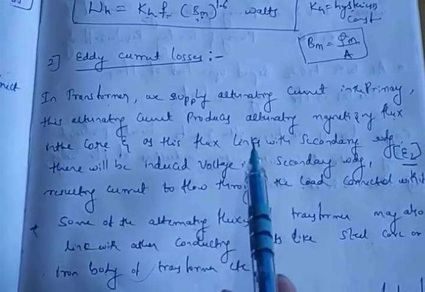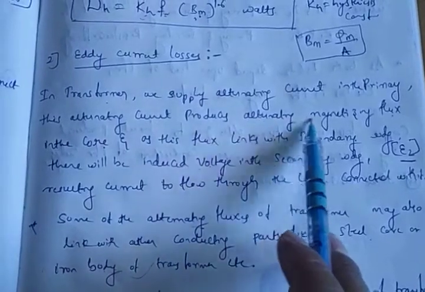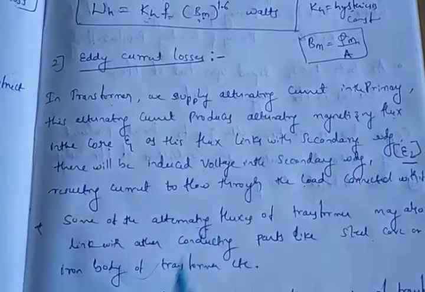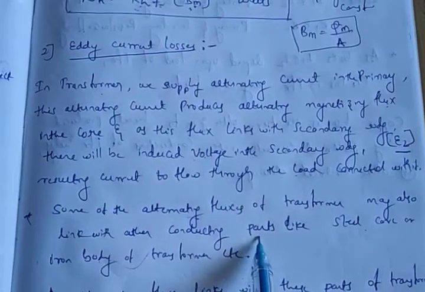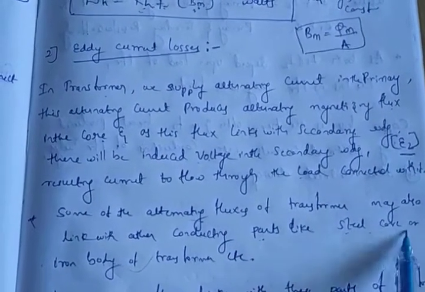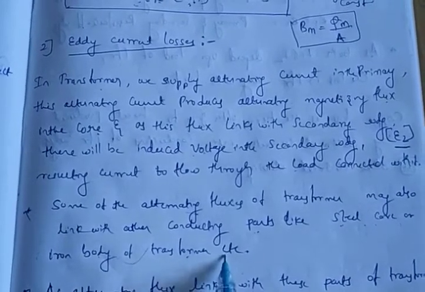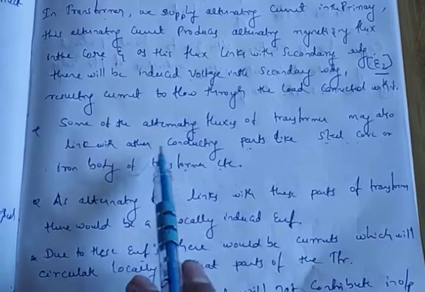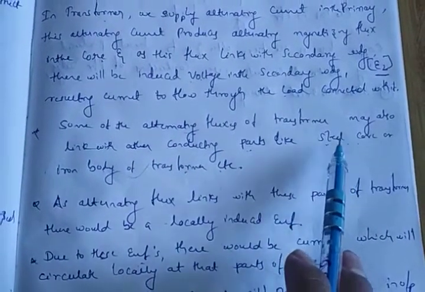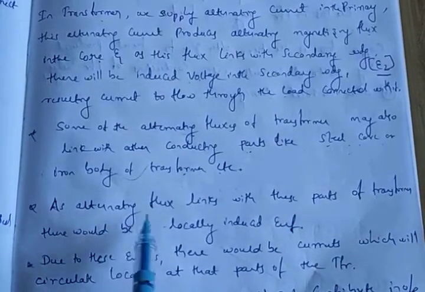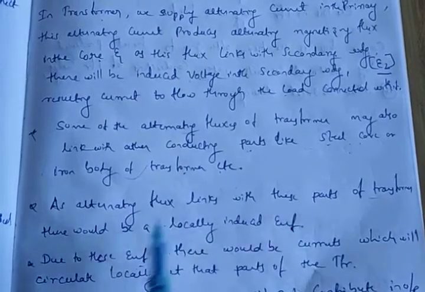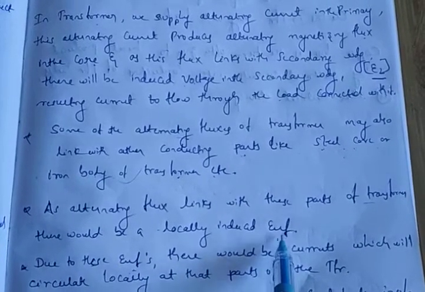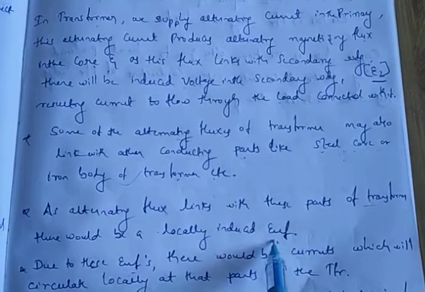During this process, some of the alternating magnetizing flux of the transformer also links with other conducting parts like the steel core or iron body of the transformer. Whenever the alternating flux links with these conducting parts, there will be a locally induced EMF.